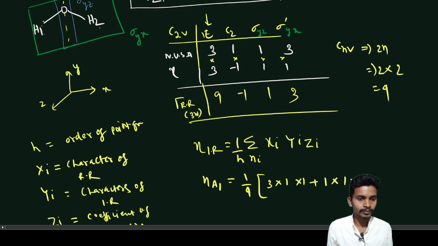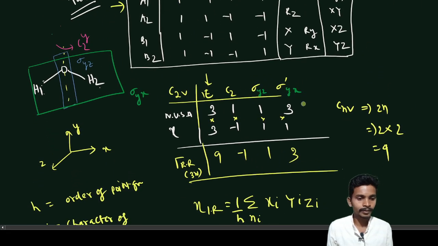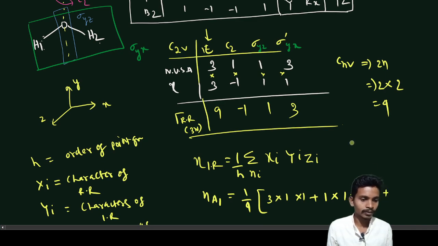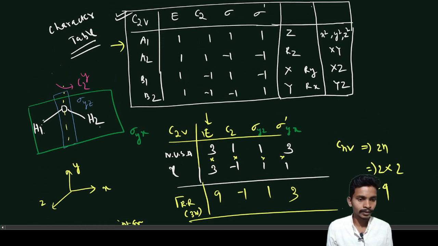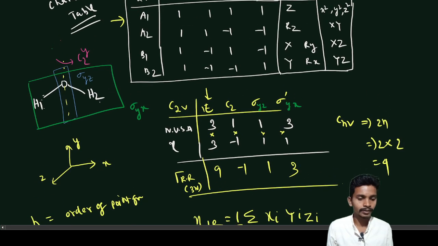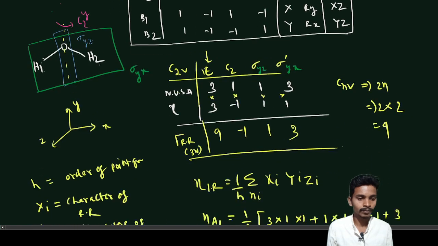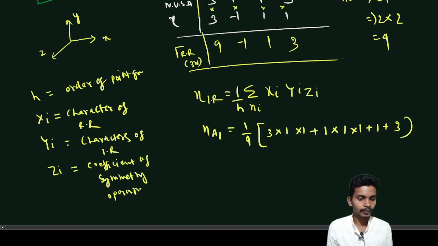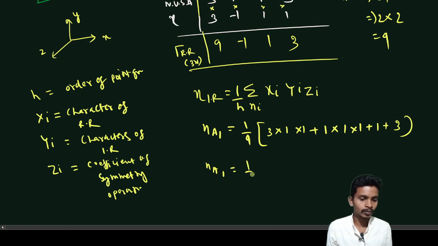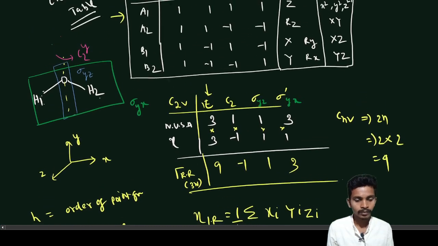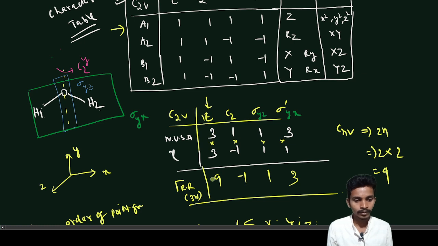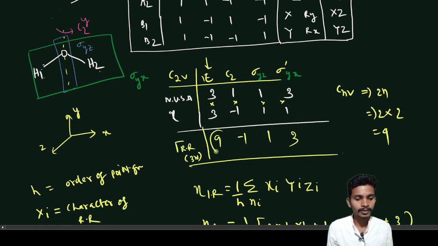Similarly for C2 and for sigma, it is 1 and 1. Sorry, this character of the reducible representation 9 will be put here, not 3.